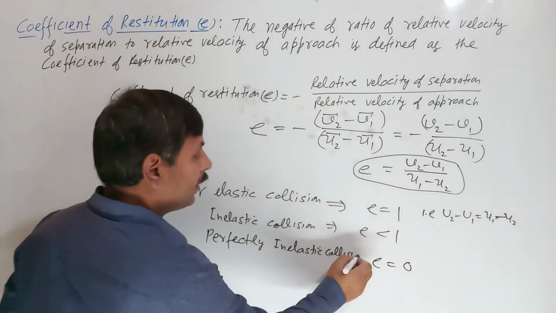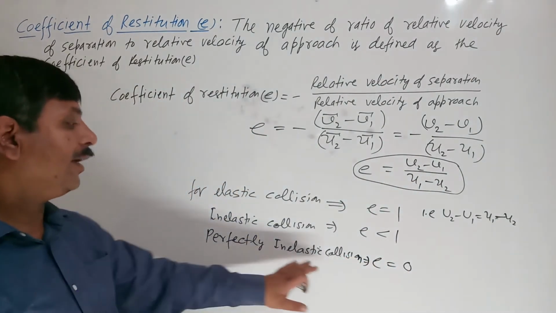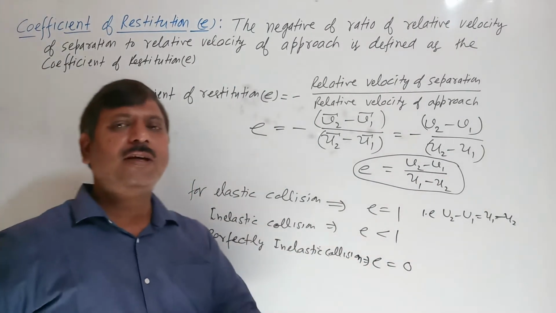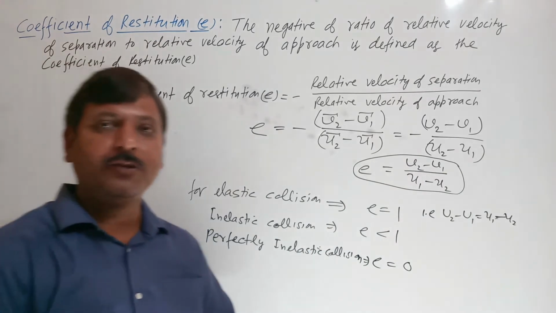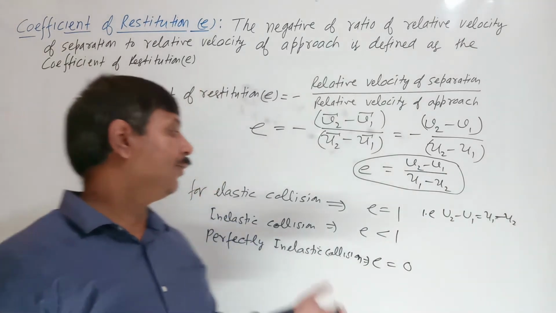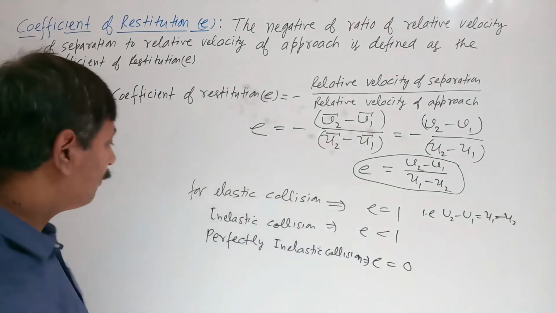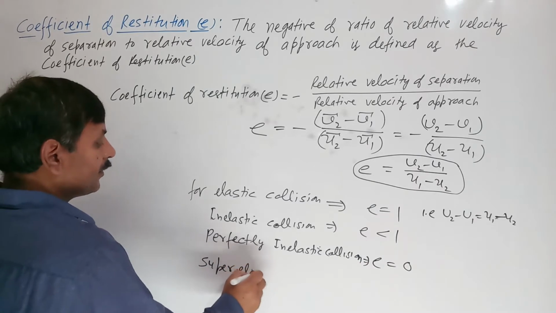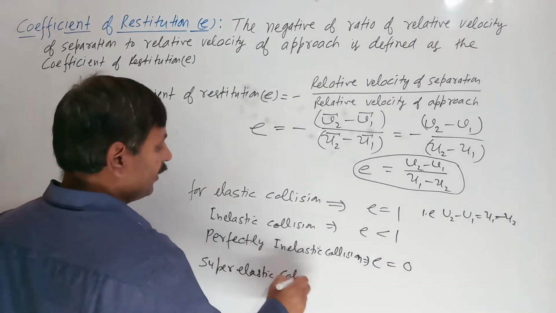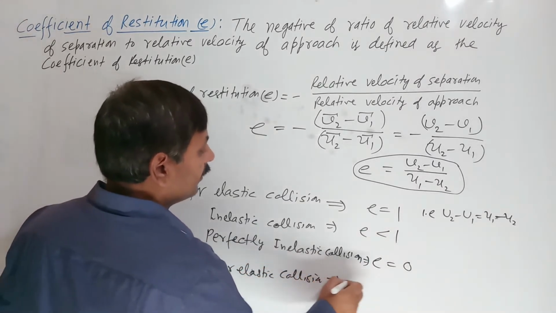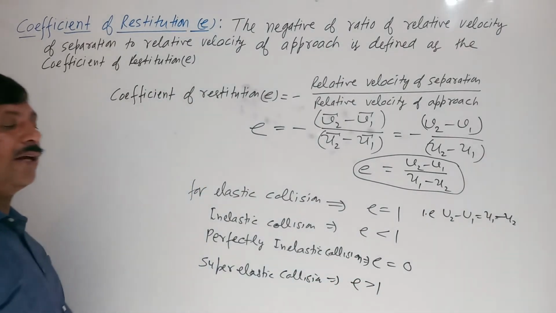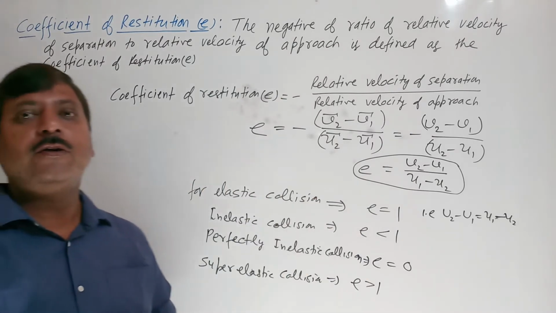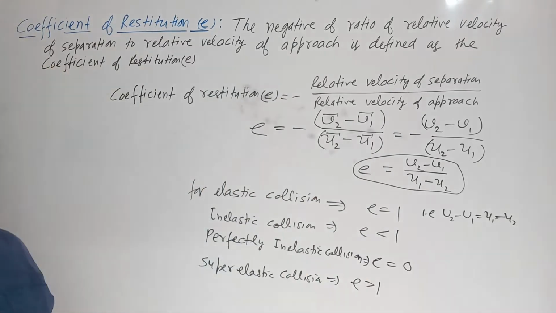So for perfectly inelastic, e is equal to 0. One can also say super elastic, in which the speed increases after collision. So for super elastic collision, e is greater than 1. So this is the coefficient of restitution.